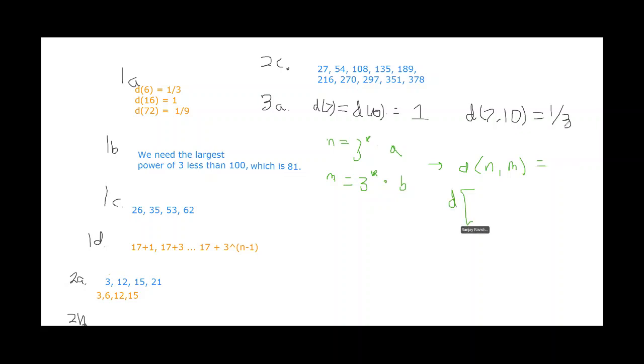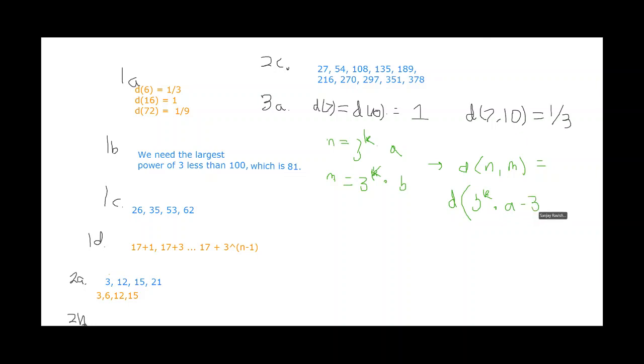So n equals 3 to the k times a, and m equals 3 to the k times b.